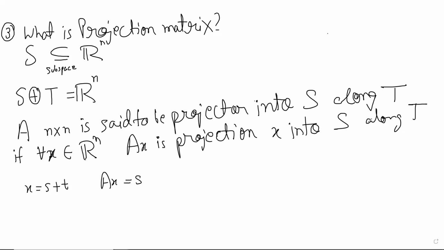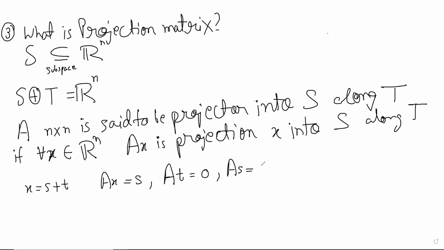This one is a little unclear to me. What I would say is that if there is any vector in T, then it goes to 0. And if any vector is in S, all of those actually follow from the first one.